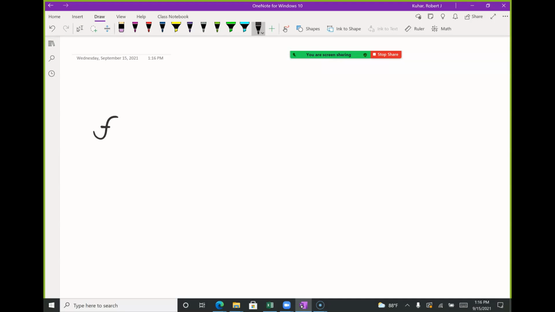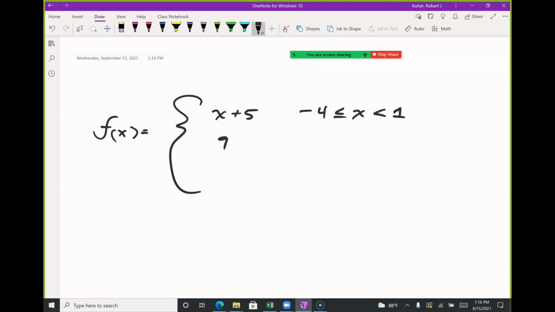So I've got a 3-piece function here. The first piece is y equals x plus 5 from -4 inclusive to 1. I've got the singleton point at x is 1, y is 9. And I've got the function 2 minus x when x is bigger than 1.